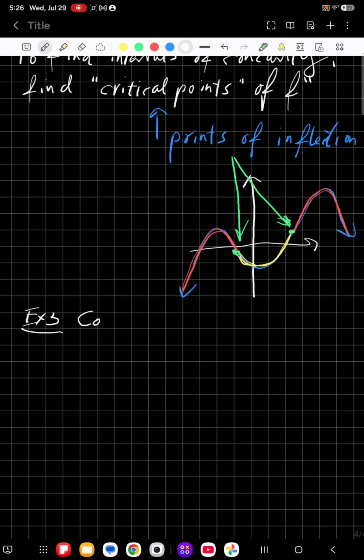Consider the function f of x equals 6 over x squared plus 3. This is our function, and we need to analyze the concavity.